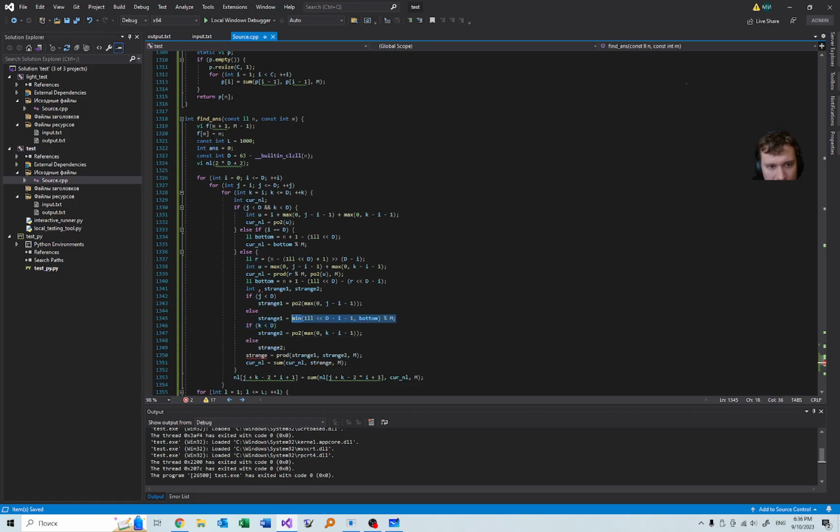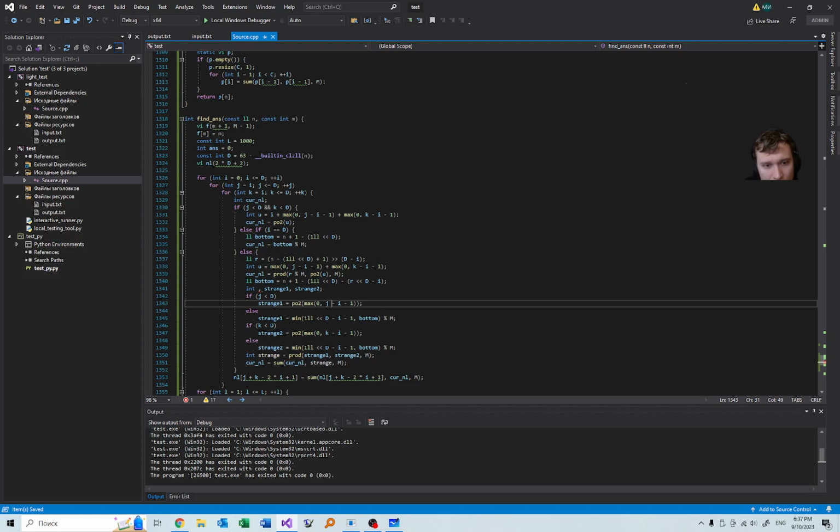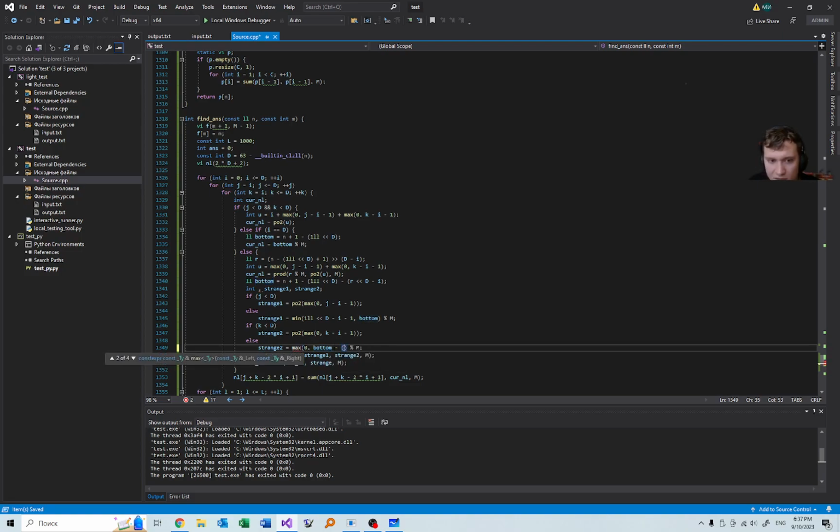And here I say this. So what do I do here? So it's either bottom minus this, it's maximum of 0 and bottom minus this.